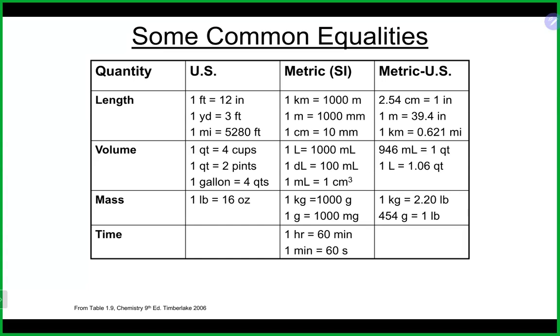By the way, this is also a good table. A lot of this stuff we come across a lot, so you do need to know most of what's on this table. When we get to the crossing over between English to metric, or US to metric, this is really the situation where you do have to take into account the significant figures in that conversion factor.